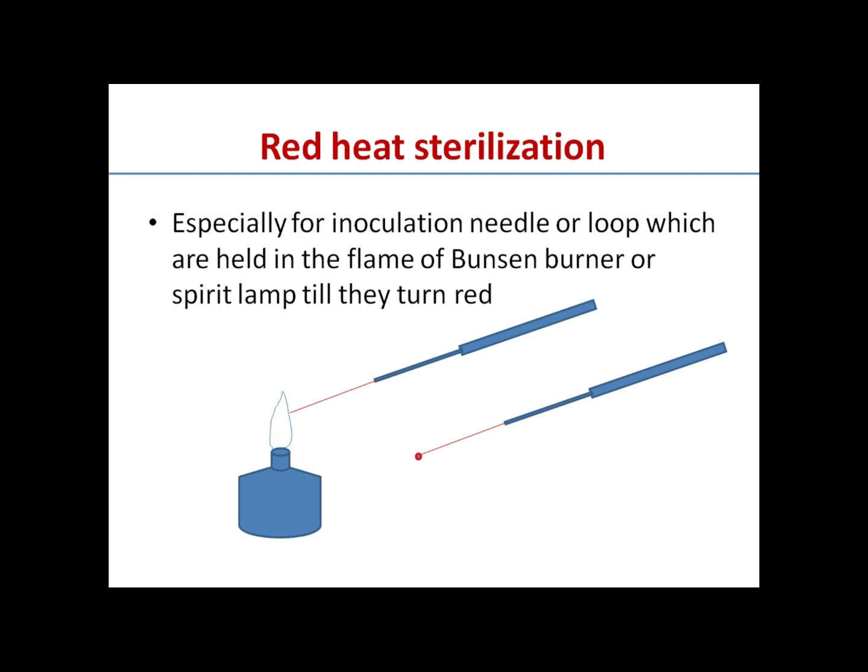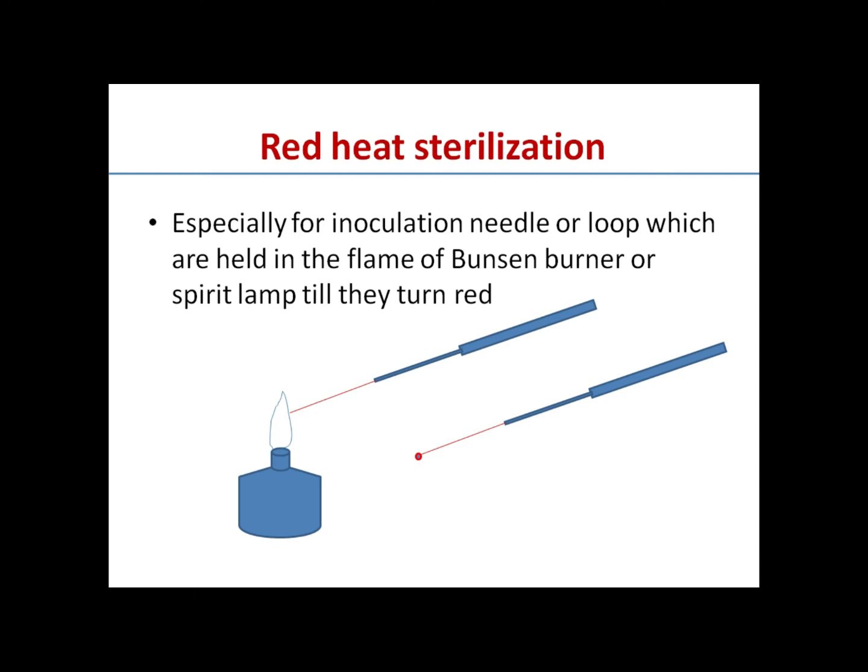In this illustration, you can see a part of the inoculation needle or loop is red colored. This part, which is made up of wire, can be made red hot by holding it in the flame, and this can be done more than once to ensure complete sterilization.